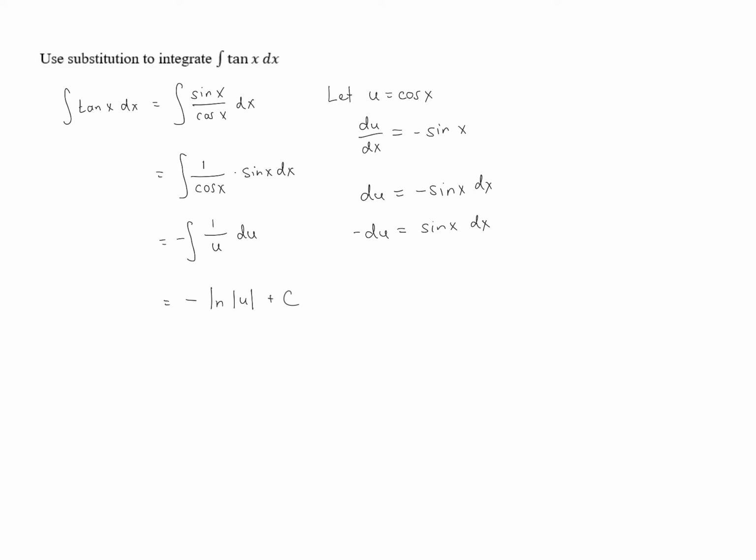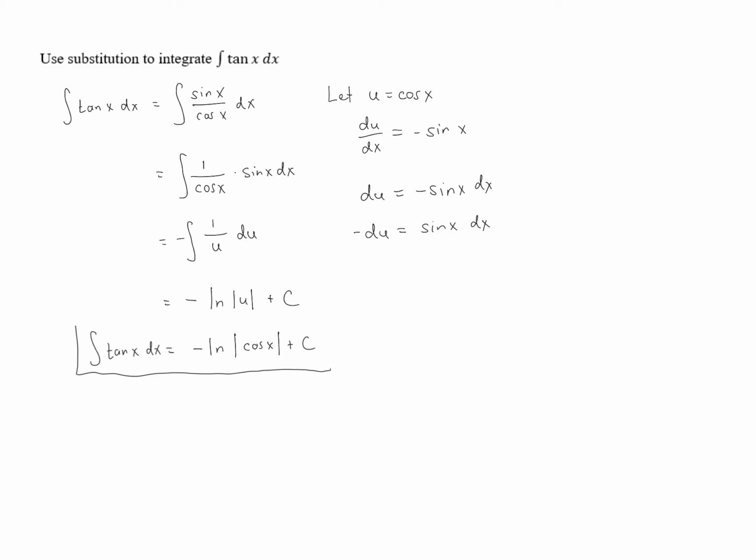And then we can't have our answer in terms of u. We have to substitute back in for the x. So this is going to give us the negative logarithm of the absolute value of cosine of x plus a constant. And this is the result when we integrate tangent of x dx.